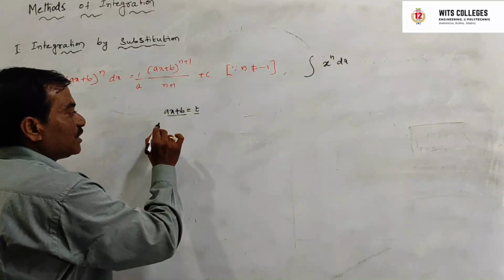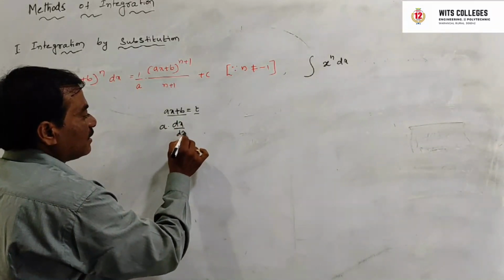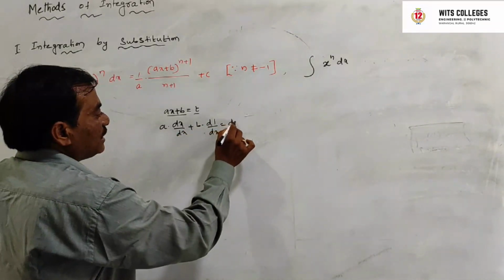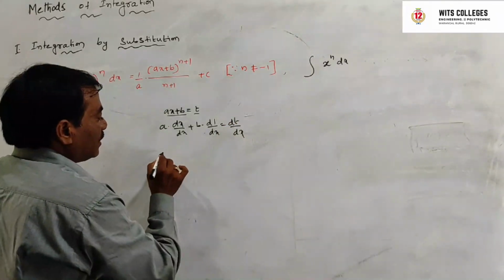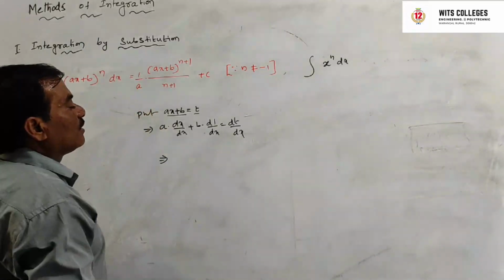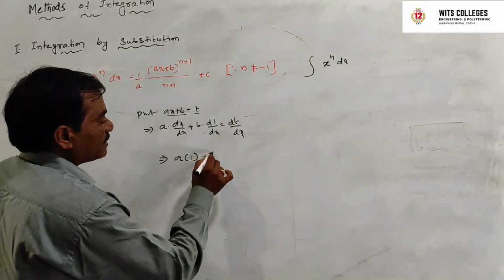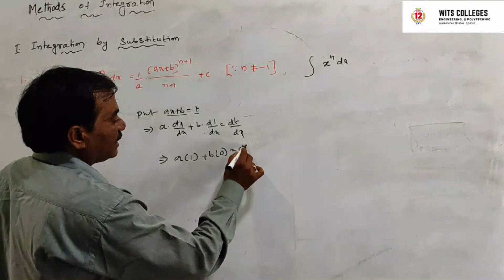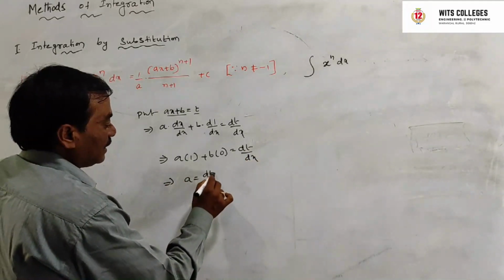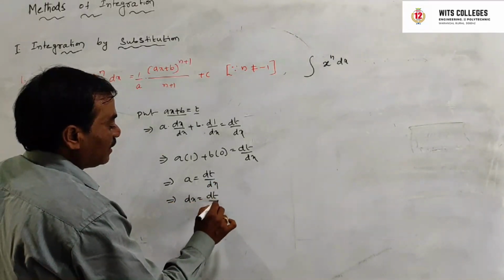Therefore a dx by dx plus b d1 by dx equals dt by dx. Here we put ax plus b equal to t, so a of 1 plus b of 0 equals dt by dx. Finally we get a equal to dt by dx, which implies dx equal to dt by a.